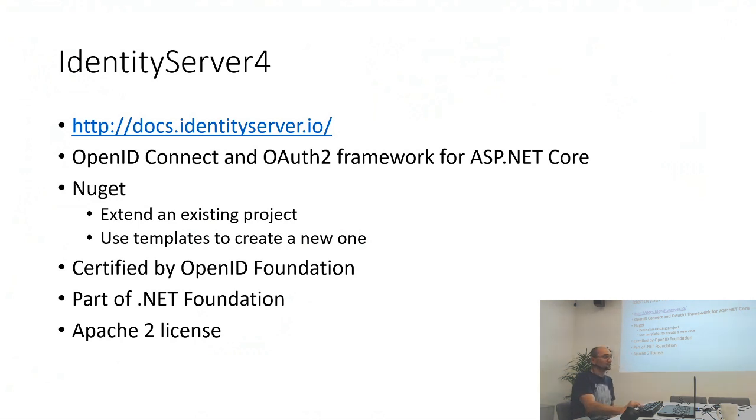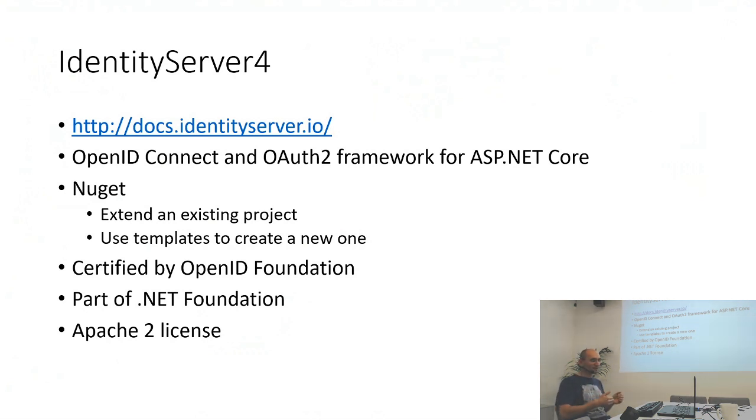As an identity server, I used Google in the first demo. In this demo, I will use something called Identity Server 4. It's an identity provider which you can use if you want to implement your own identity provider. Identity Server is a NuGet, and you can use it either to extend your existing project to make it an OpenID Connect provider, or you can create a completely new project.